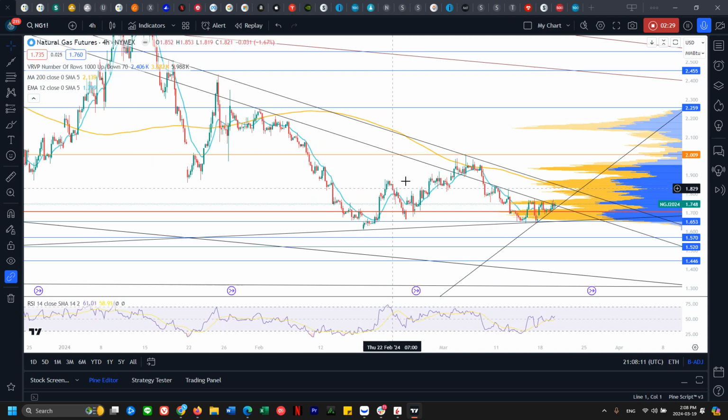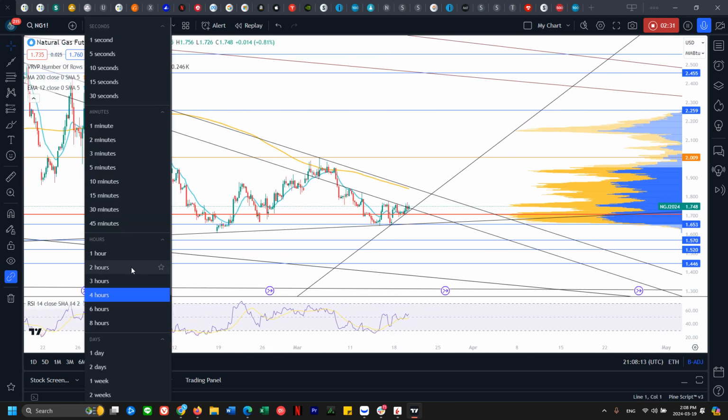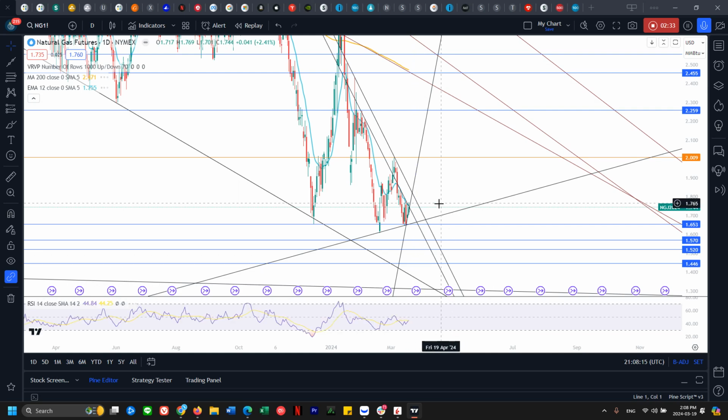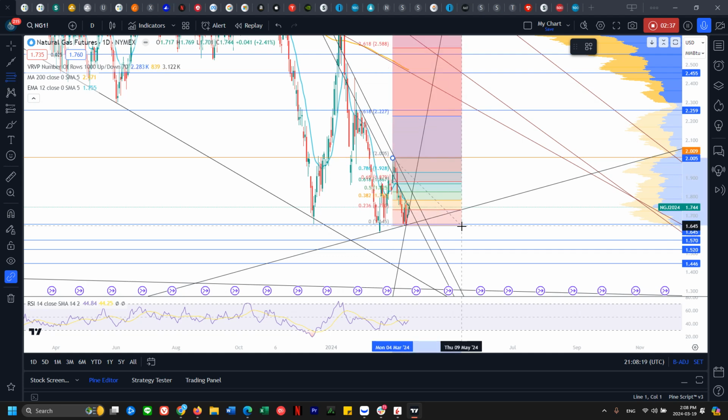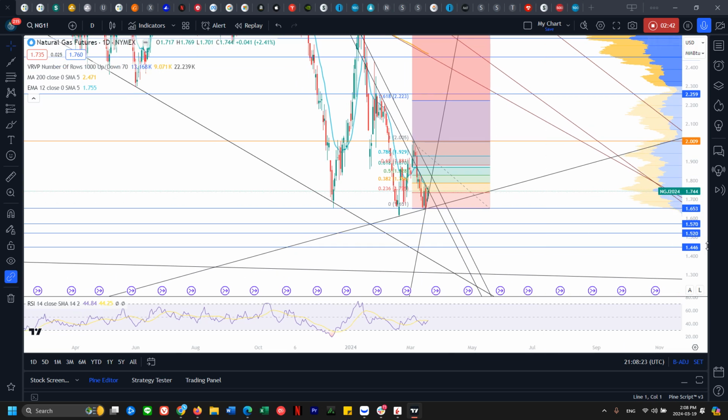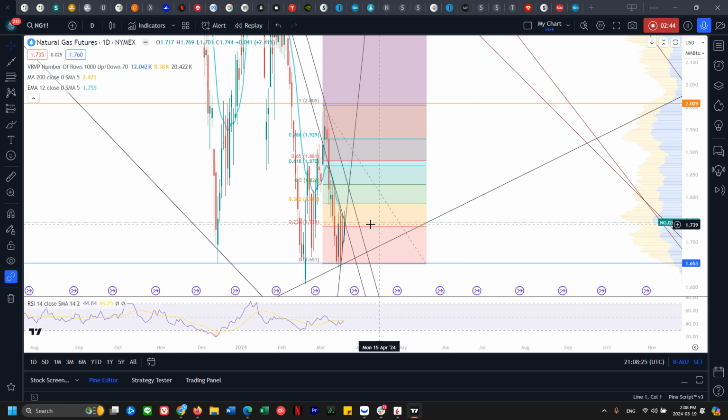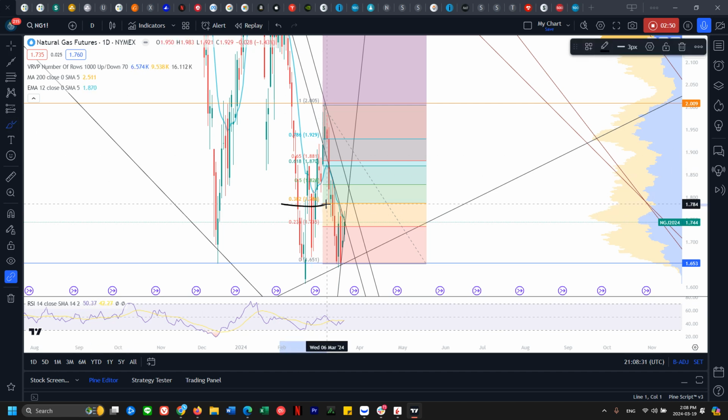And in the longer term picture, we're still in that weekly bear flag overall. Let's see if the daily has negated that. Daily is still under a bear flag as well. Still can't get over EMA 12 on the daily chart. If we don't get over 0.382, it's going to continue to be a bear flag. So if we break above this quadruple top and go up to test that black line, it's still in the bear flag.